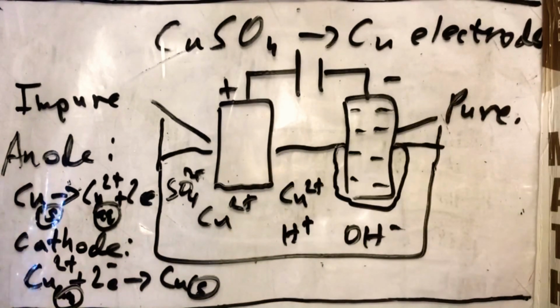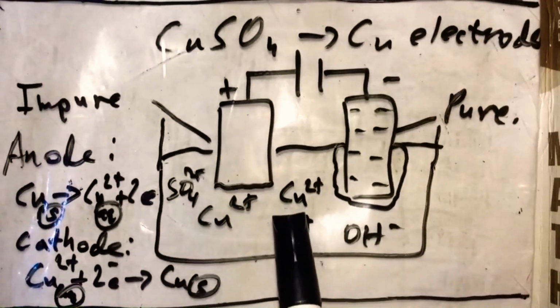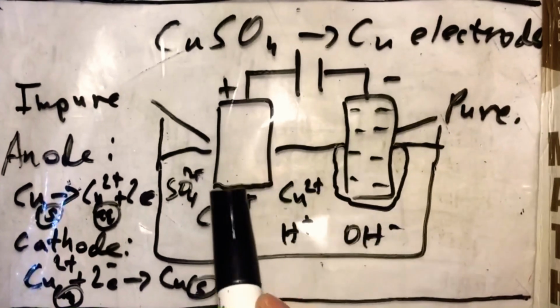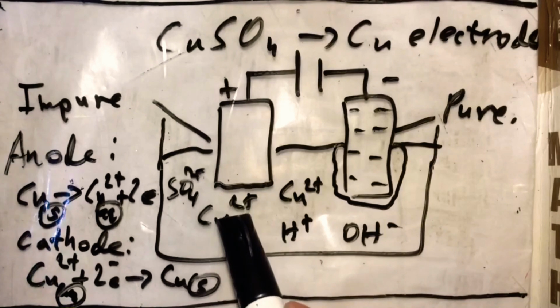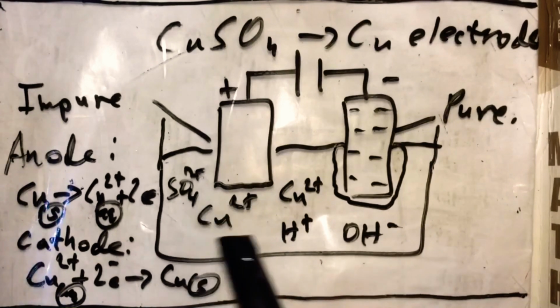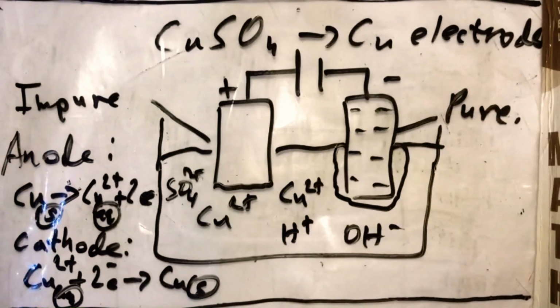Now over here, the copper ions are forming atoms, but copper ions are also being obtained in the electrolyte from the anode. Therefore, the concentration of copper ions in the electrolyte remains the same or constant, which is why the color of the electrolyte remains blue and does not fade.